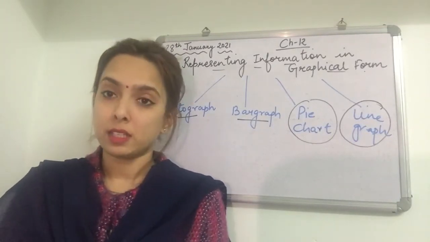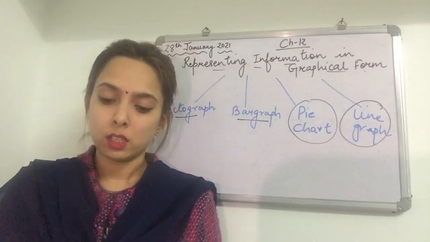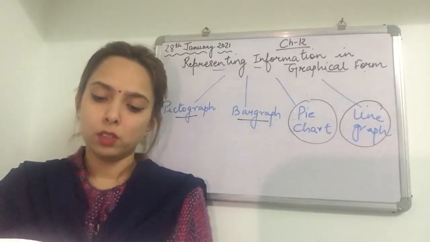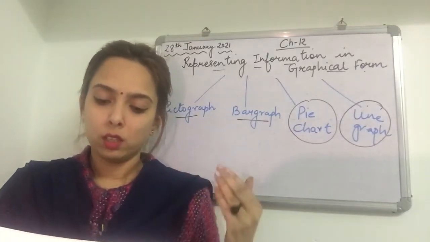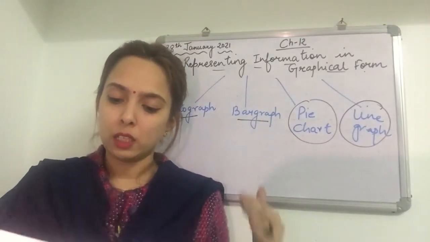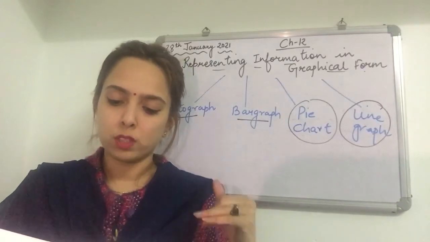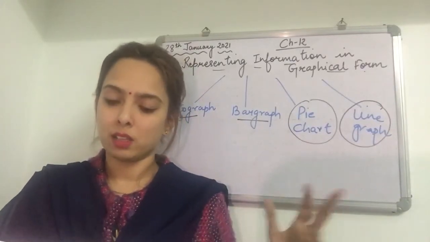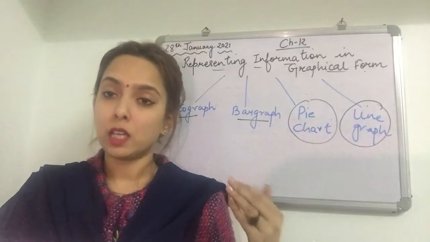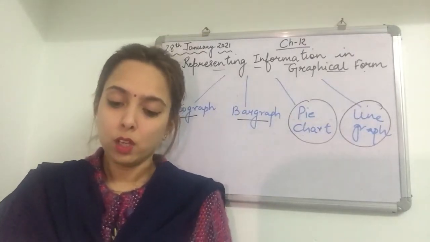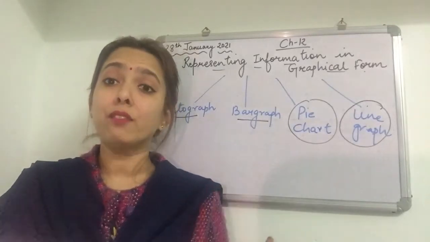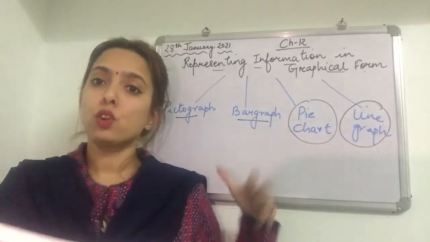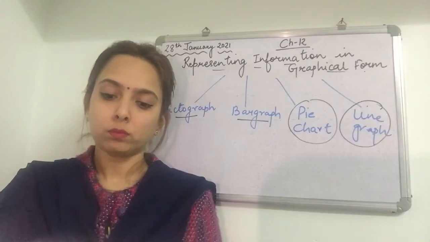There are 5 classes, and from each class some students have scored 100 marks in mathematics. Class 1: John, Ram, Ali, Jane, Seema, Rita. Class 2: Seema, Ravi, Ahmed, Peter, Nisha. Class 3: Sunil, Lakshmi, Aisha. Class 4 and class 5, and so on. So this is the information given to us in the question, and we have to make a pictograph for this.